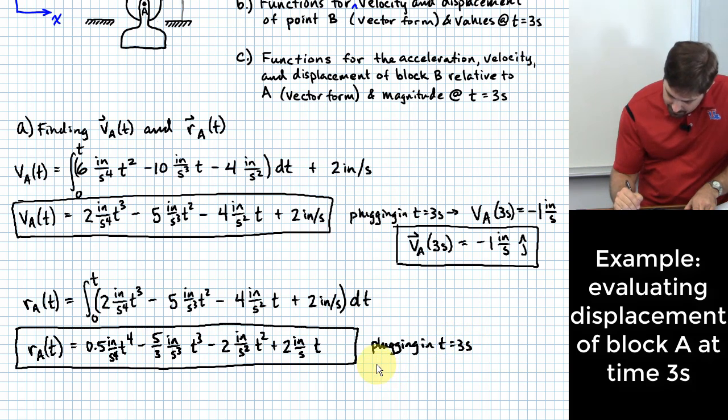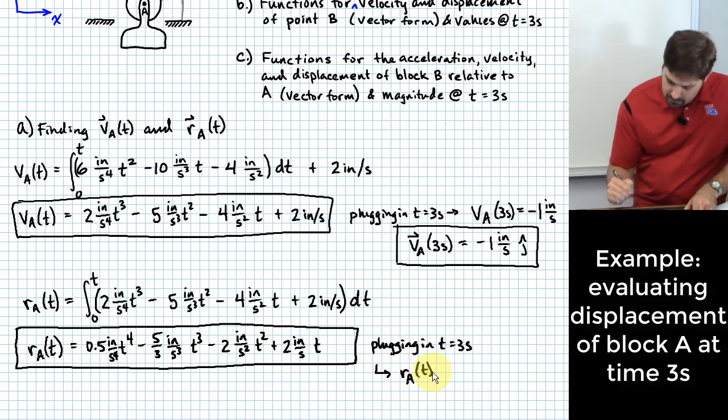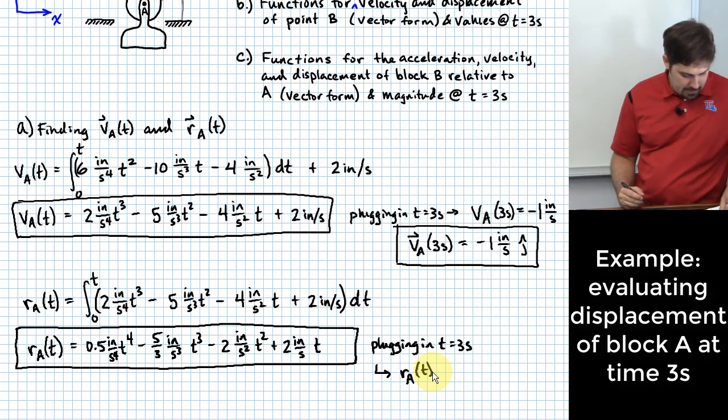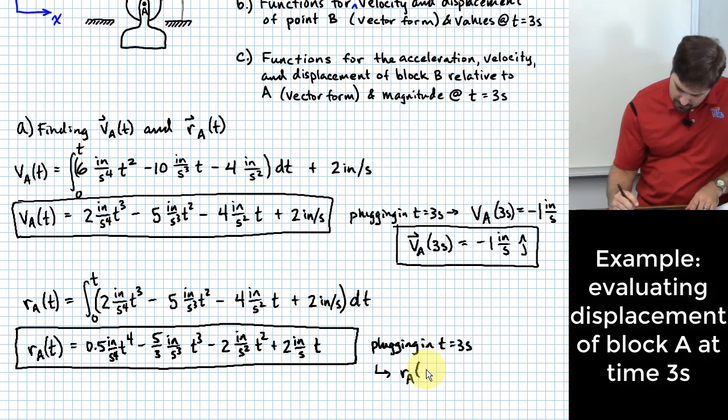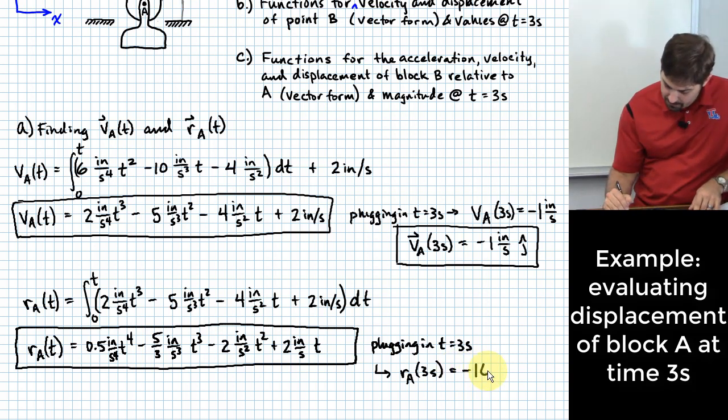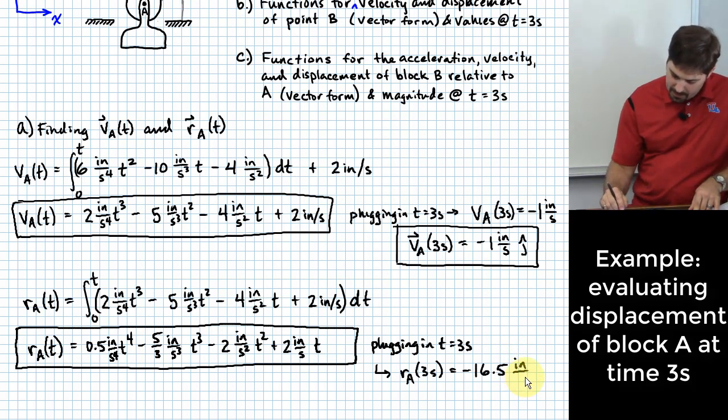And when I do that, the displacement it goes to is negative 16.5. And this is not inches per second, right? This is just inches.